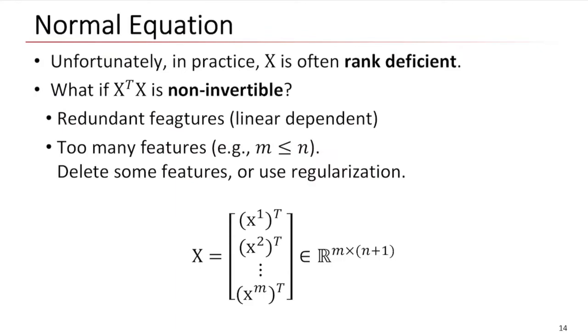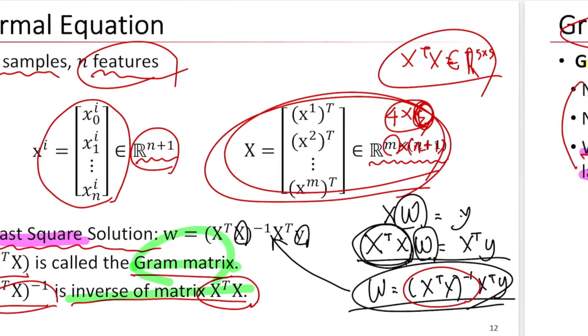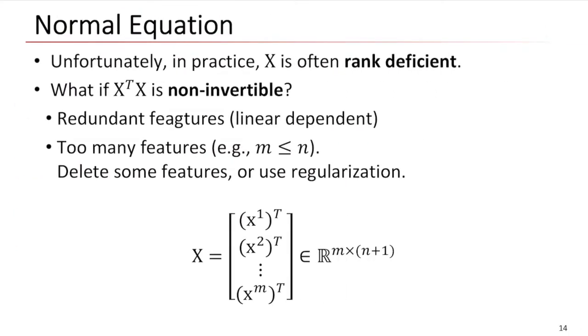And there is another problem. What if this gram matrix is rank deficient? I mean, it is non-invertible. For example, if some features are linearly dependent, or there are too many features.